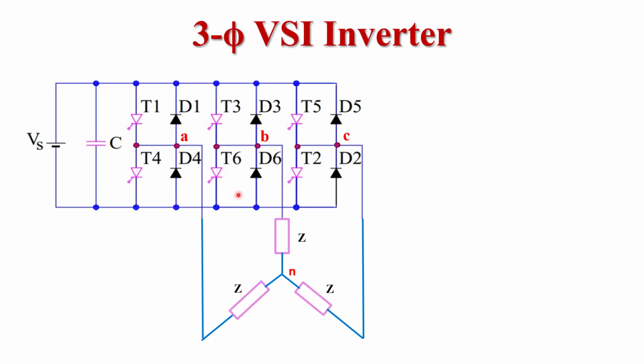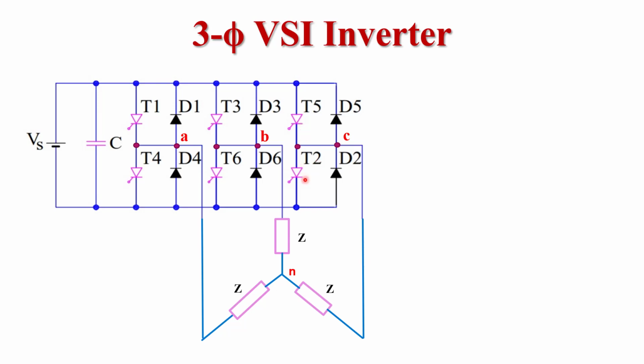Now this whole circuit is divided into 3 segments. The first segment consists of thyristor pair T1, T4. The second segment consists of 2 thyristors T3 and T6. The third segment again consists of 2 thyristors T5 and T2.